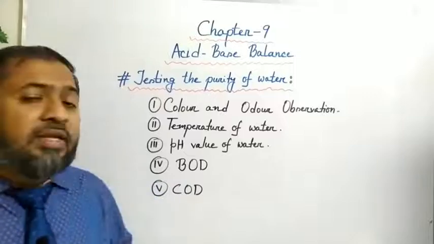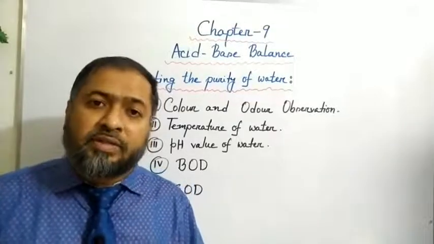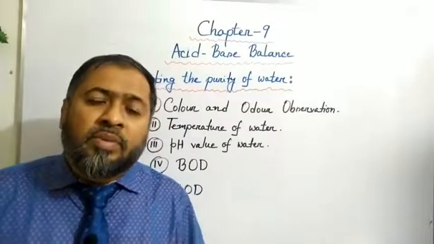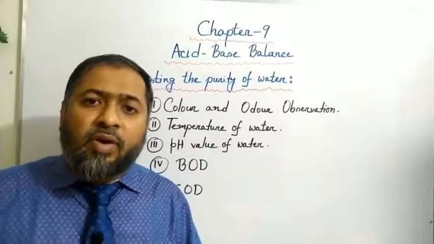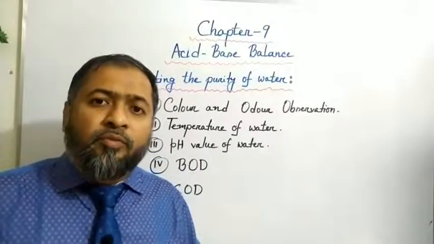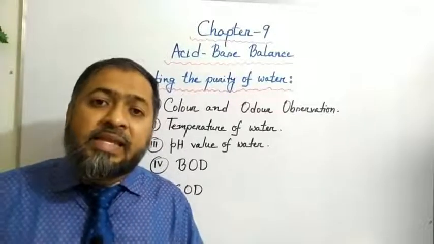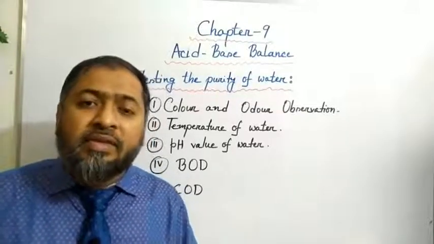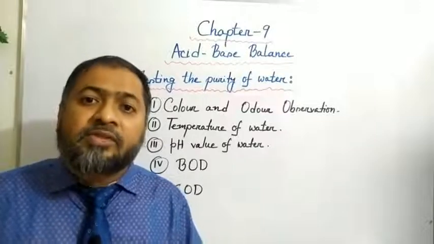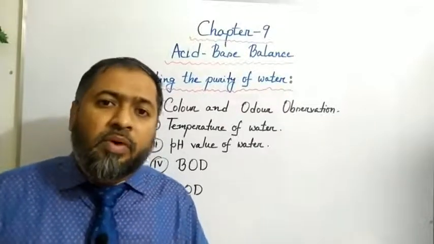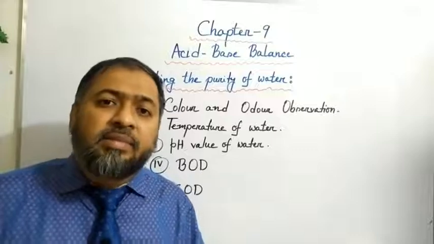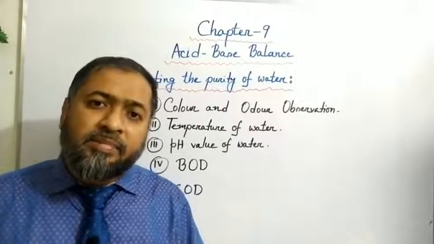Number 3 is pH value of water. We know the normal pH value of water is 4.5 to 9.5. Anything less than 4.5 or anything greater than 9.5 is considered polluted water, and it is extremely threatening for living beings.